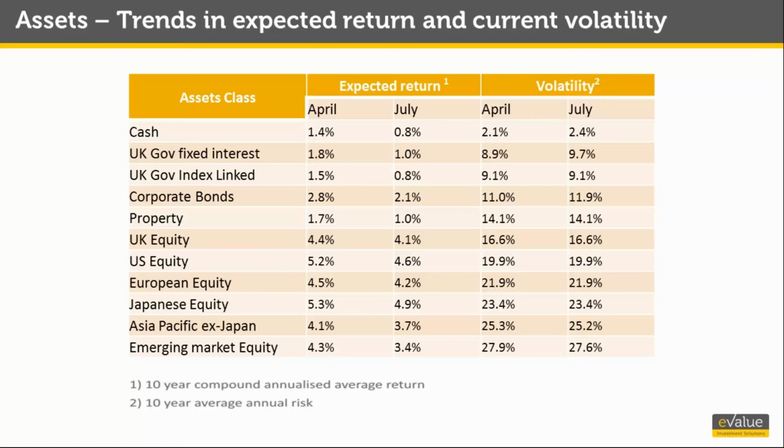So clearly the expected returns that we can get within those markets mean that they don't appear within the portfolios. It is something that we will keep a watching brief on, as always, but certainly there are challenges at the moment around finding an acceptable return for a low volatility asset class.